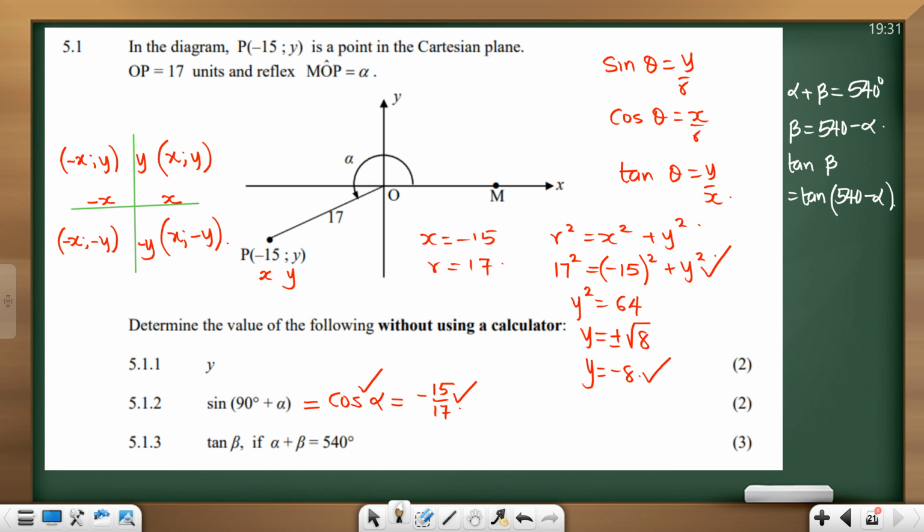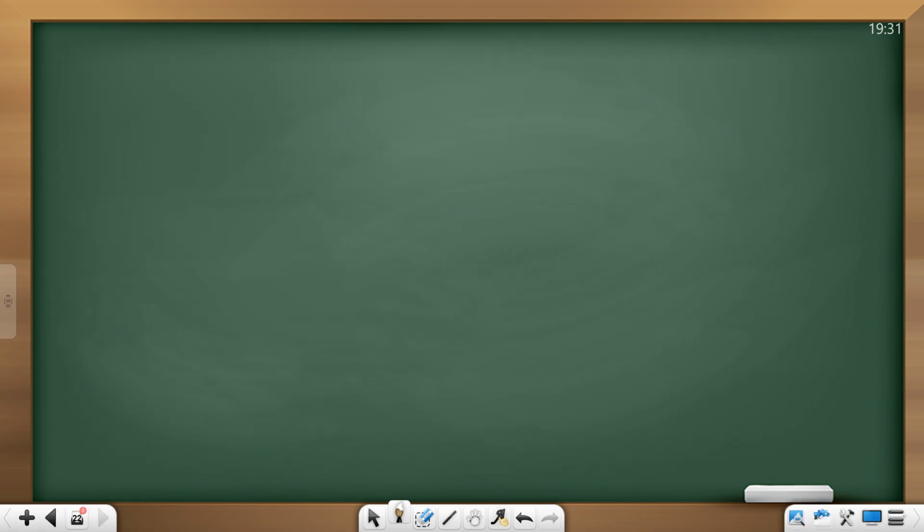Now, there are 2 ways of doing this. Let me quickly go to the next page. Tan 540. Now, do you notice that we have gone above 360? If we go above 360, what we do, I did mention last week, is subtract 360. But I still have my alpha.